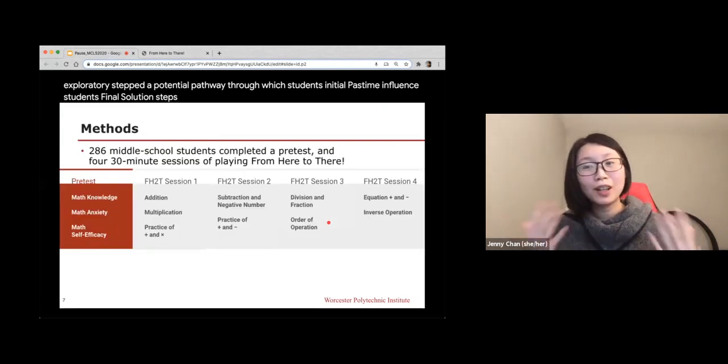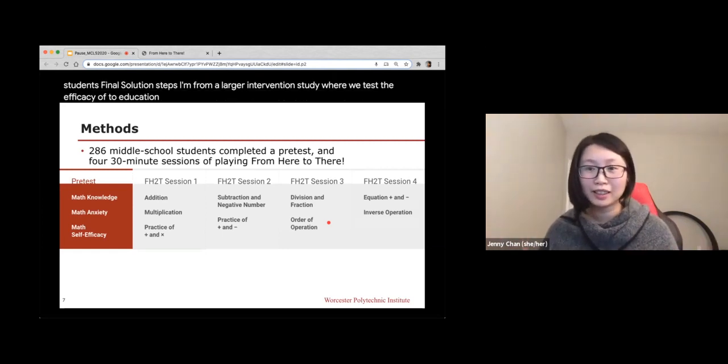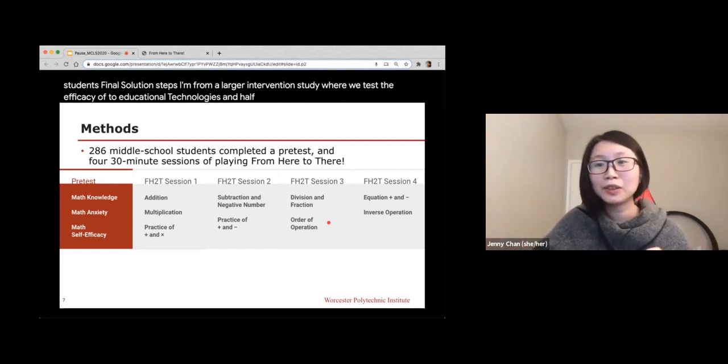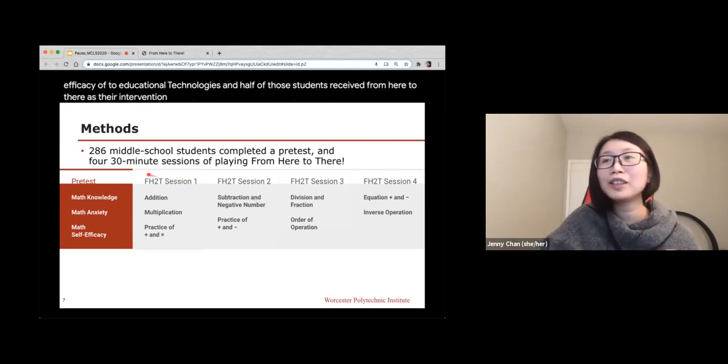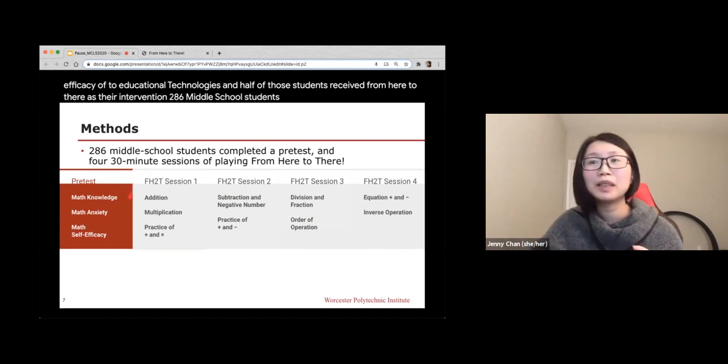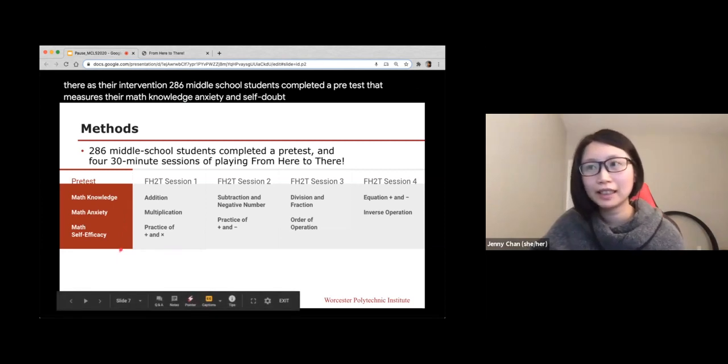The data came from a larger intervention study where we tested the efficacy of 2 educational technologies, and half of those students received From Here to There as their intervention. 286 middle school students completed a pre-test that measures their math knowledge, anxiety, and self-efficacy.